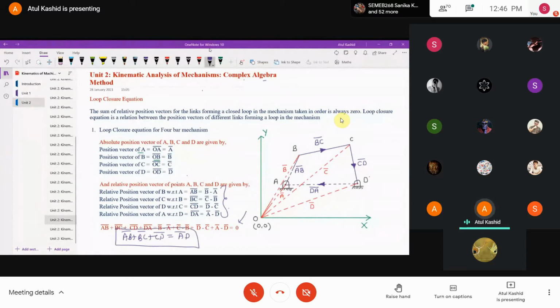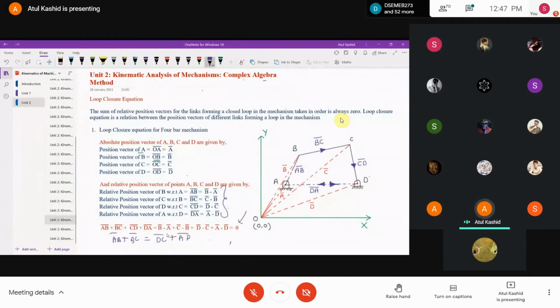This equation is also the same, right? So what we have done, we have changed the order of DA bar, right? So if in case it is like this, then it will be equal to AB bar plus BC bar plus CD bar, that is equals to AD bar, right? Or I can also write down this equation as AB bar plus BC bar, that is equals to DC bar plus AD bar, right?